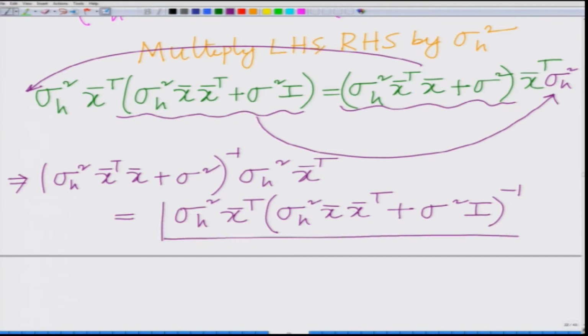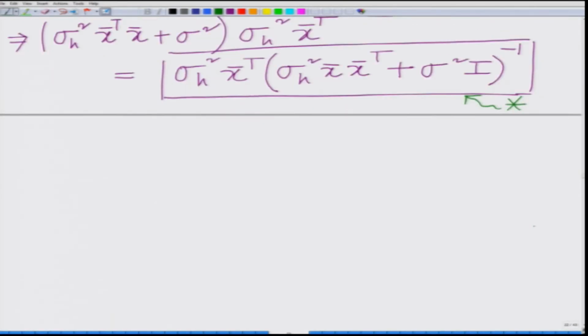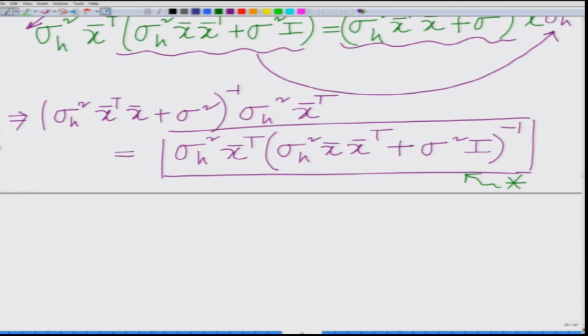That is, sigma h square x bar transpose into sigma h square x bar transpose plus sigma square identity inverse. Both these quantities are the same. Therefore, we can write the MMSE estimate h hat equivalently. Now, before we write the MMSE estimate, we will do one more simplification. Notice that this quantity sigma h square x bar transpose x bar plus sigma square is a scalar quantity. Notice that this is a scalar, correct.